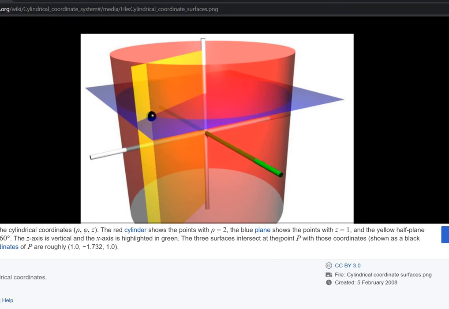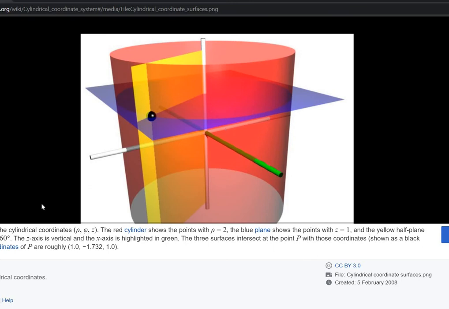The blue plane shows the points with z equal to 1. Z equal to 1 is a plane.